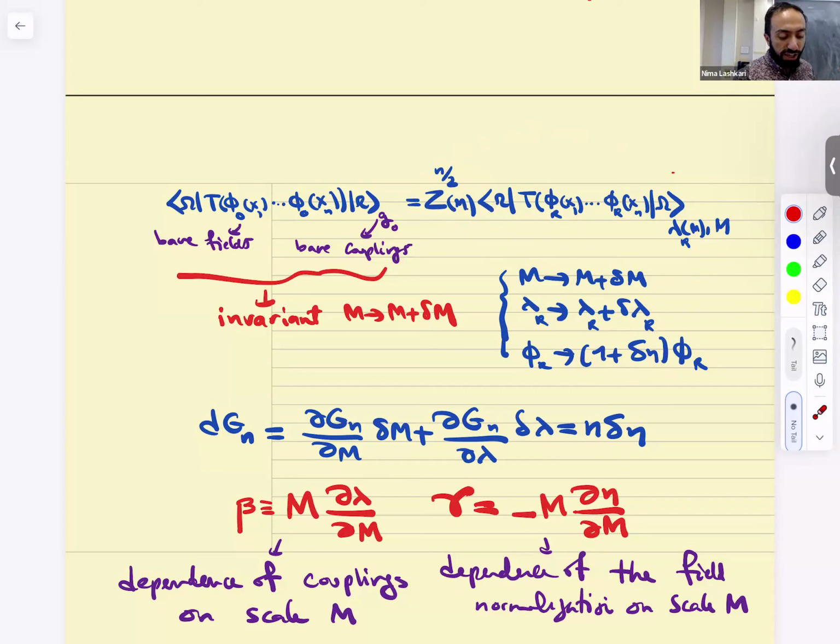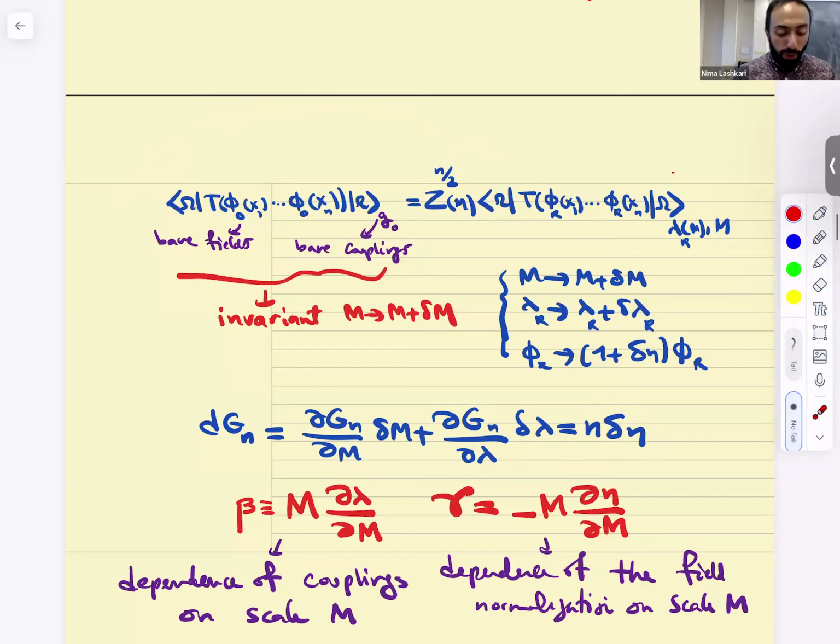So dGn is dGn/dm delta m plus dGn/d lambda delta lambda equal to n delta eta Gn, because I've just put this on the other side. This last term comes from putting this on the other side and linearizing.